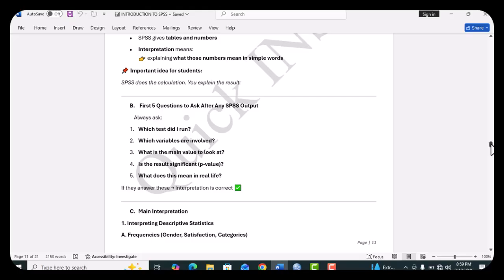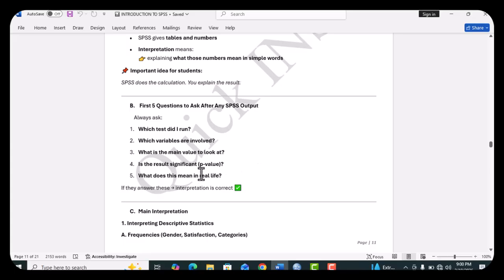Which variables am I involved in? Maybe the variables involved are the total mark and gender, for the one that we used, for example, when we were going through the second volume. Is the result significant?